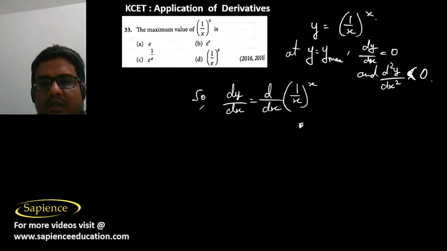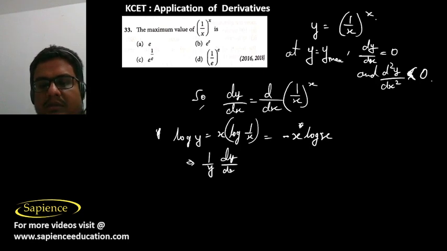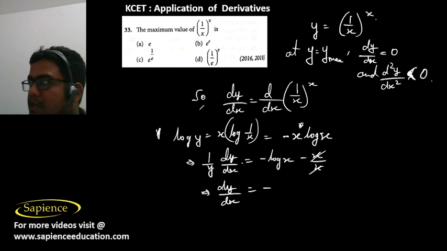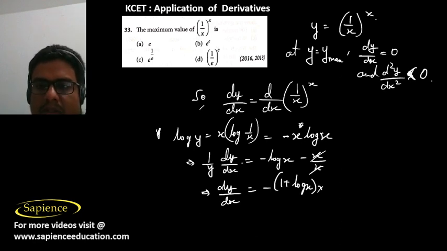To logarithmic function. Take y equal to log x log, dy by dx minus 1 by x, that is, so 1 plus log x into y.